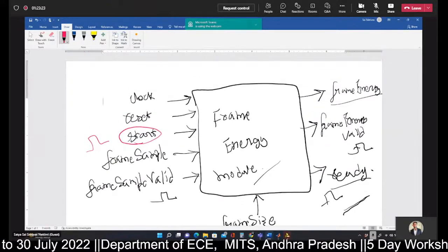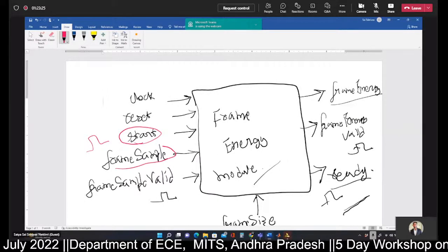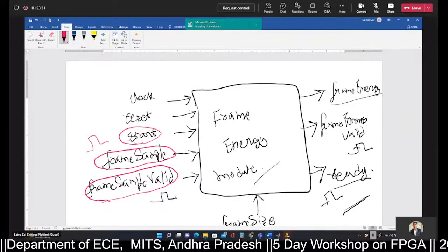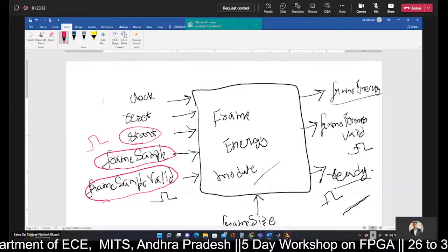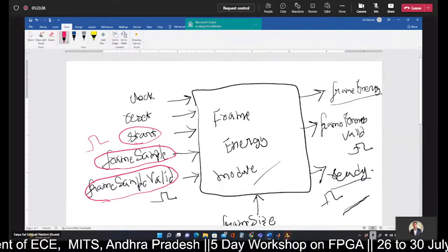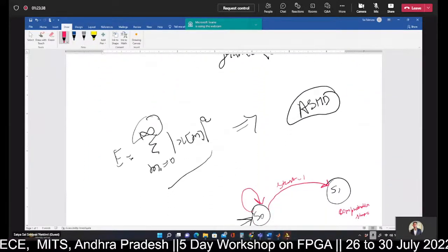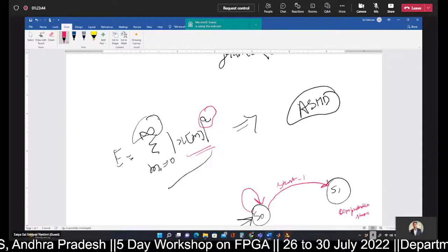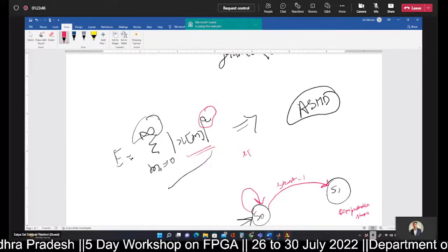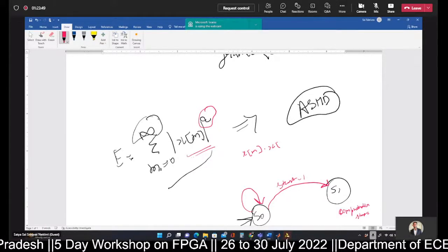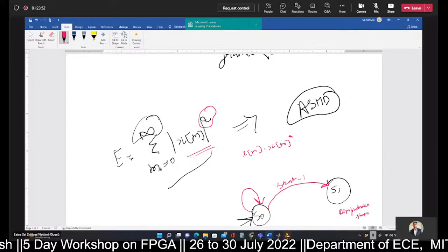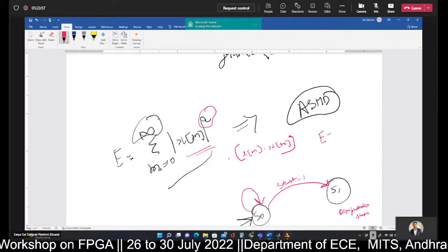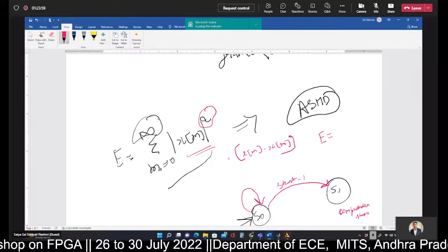In this S1 state, it will keep on scanning the frame sample output and frame sample valid. Whenever frame sample valid comes, it will read the data on the frame sample bus, and it has to do two operations. First, it has to square the obtained sample, that means multiply x of m into x of m. And there is one register called the energy register; you can treat it as an accumulator.